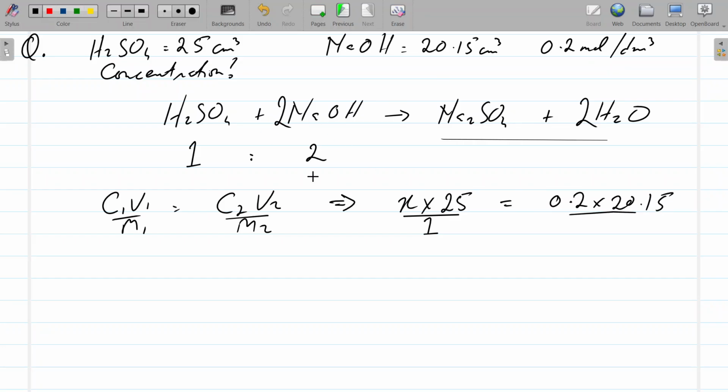And the number of moles over here in the equation is 2. Right? And therefore, X equals 0.2 times 20.15 divided by 2, and the whole thing divided by 25.